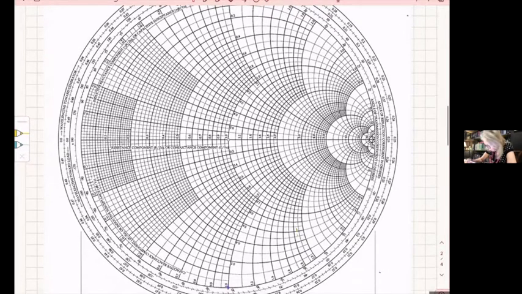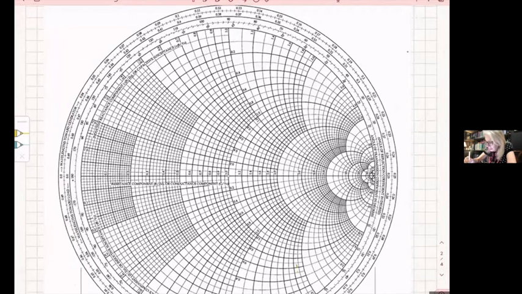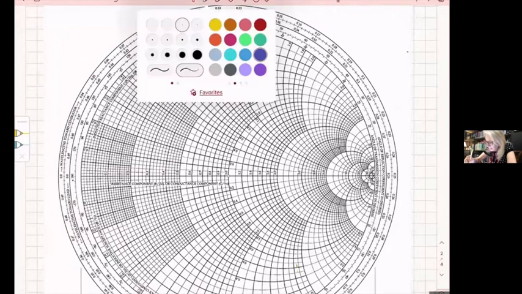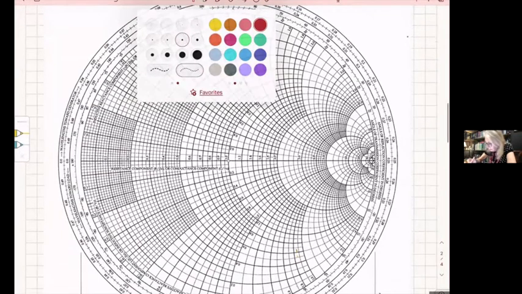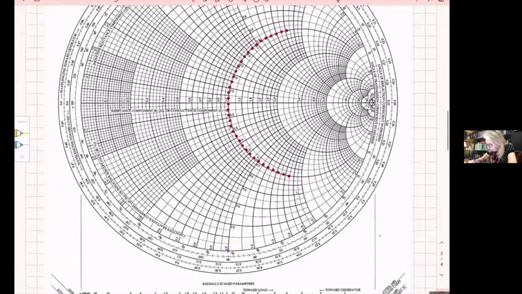I need to find one. What circle goes through one? This one. So the circle that goes through one, and then I will erase it, is this.